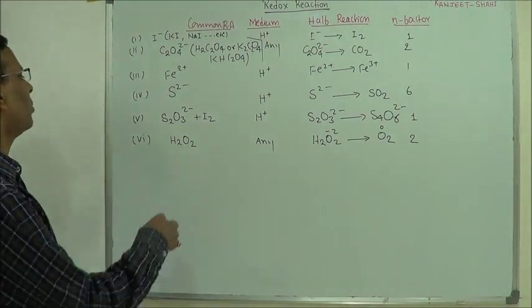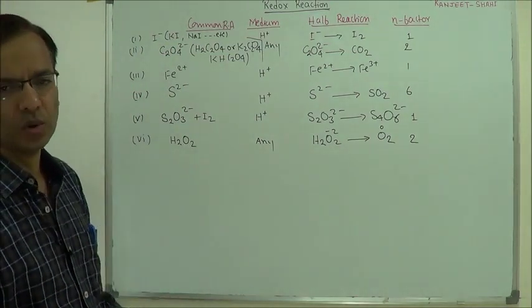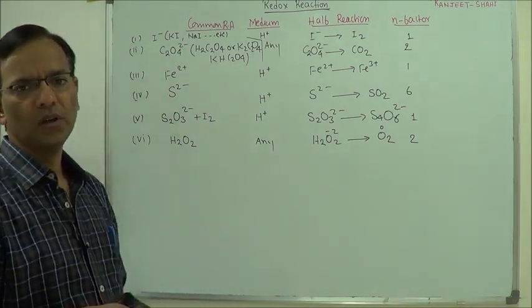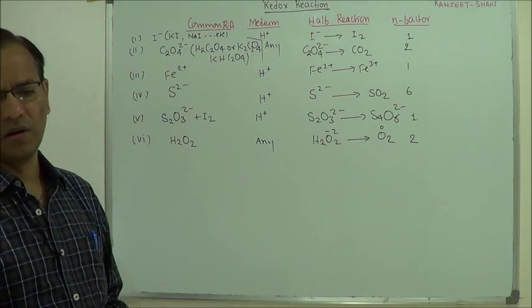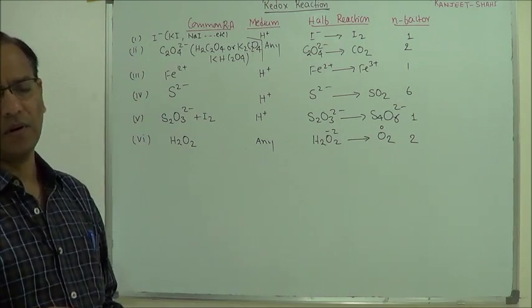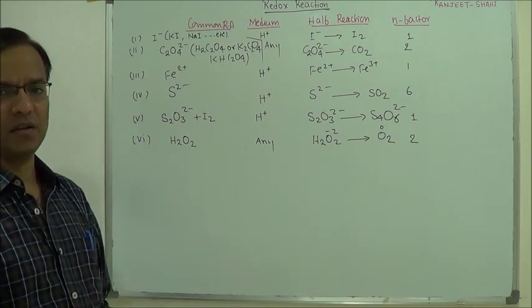We can see H2O2 is there in the oxidizing agent list as well as in the reducing agent list. So it is a mild oxidizing as well as mild reducing agent, and therefore the behavior of H2O2 depends on the other reagent.